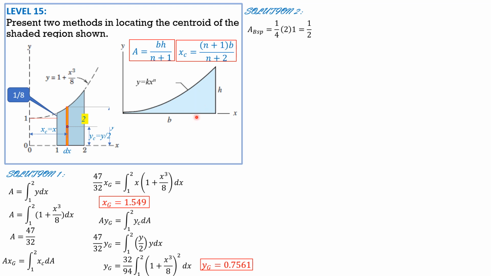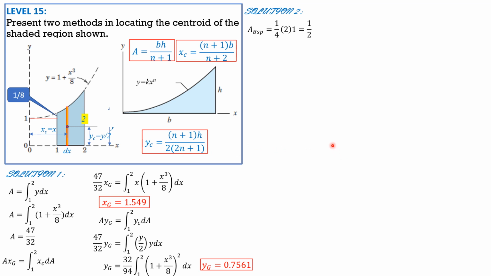Then y sub c, which I derived in level 5a, I think, or in the first part, was n plus 1 times h over 2 times quantity 2n plus 1.